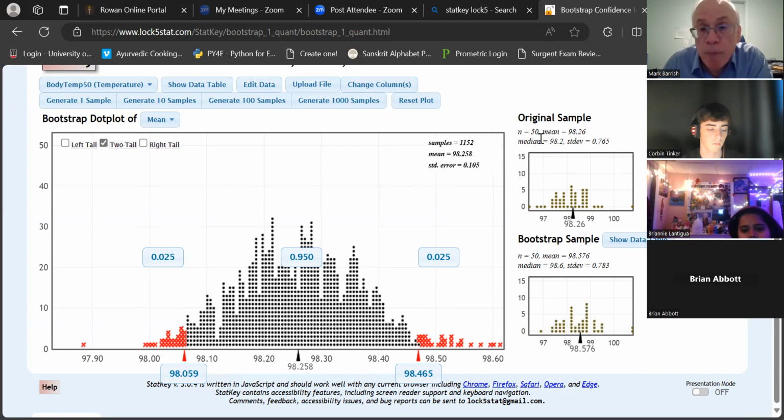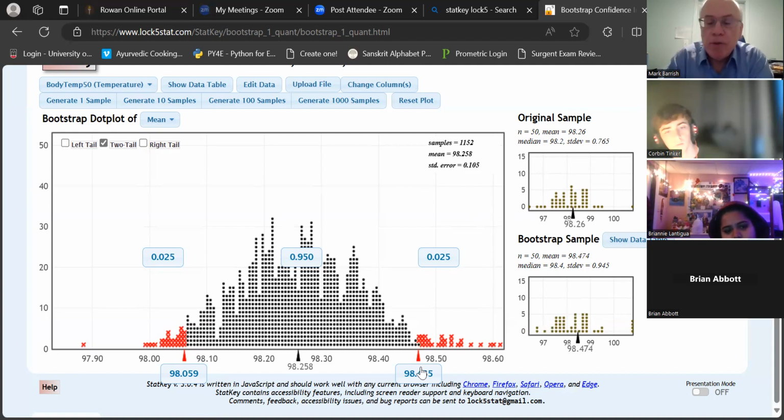Well, 98.26 minus 0.21 is 98.05. Wow, look how close that is. And then if we add 0.21, we get 98.47. That's pretty close, isn't it? And that's actually, if we round it, pretty much the same, isn't it? Almost the same.